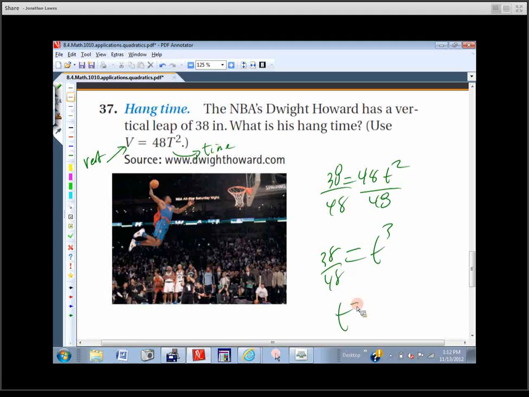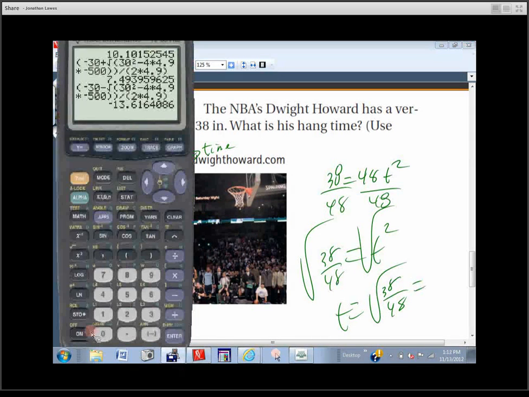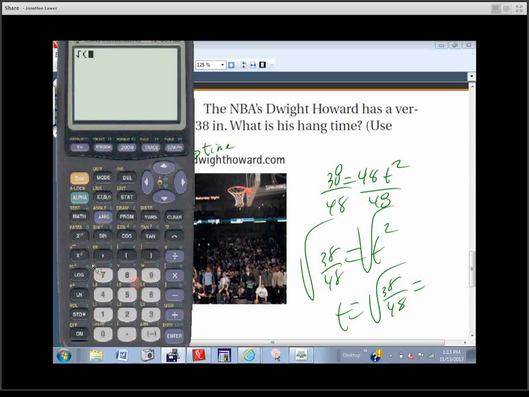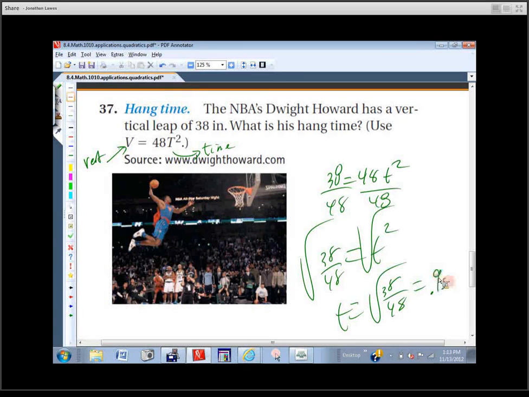So again, this is one that you can just solve by taking the square root. So we get the square root of 38 over 48, which is, throw that in the calculator. Let's see what we get here. About 0.9 seconds. Okay, so even with that high a vertical leap, you're not even in the air for a second.